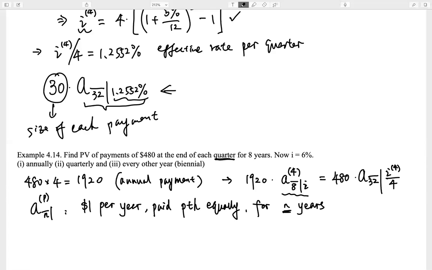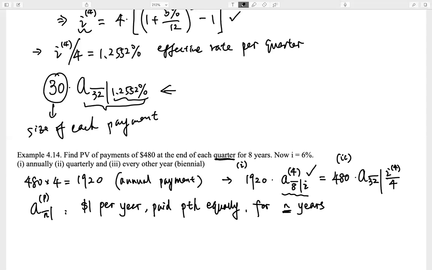Let's see, what is the next? You can try to convert it into the different notation. So I already did it for part one because this is based on the annual case. If I want to study it, this is one, the right hand side is two.